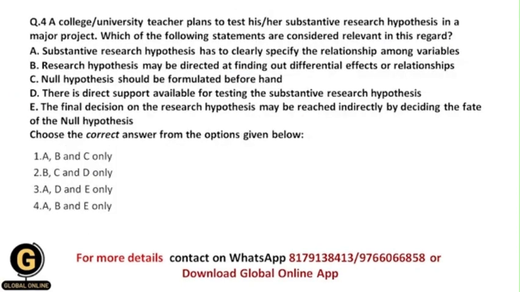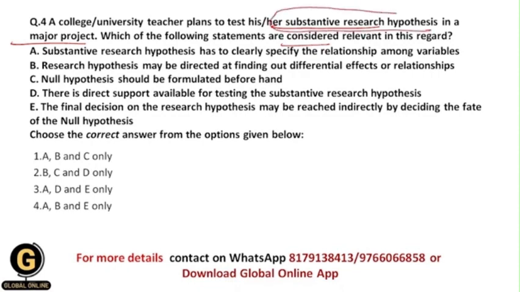Okay, a college or university teacher plans to test his or her substantive research hypothesis in a major project. Which of the following statements are considered relevant in this regard? Okay, so a college or university teacher is planning to test his or her substantive research hypothesis.